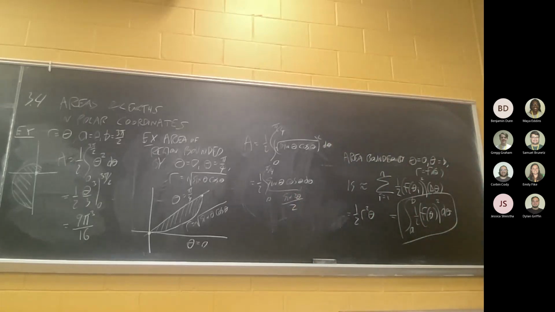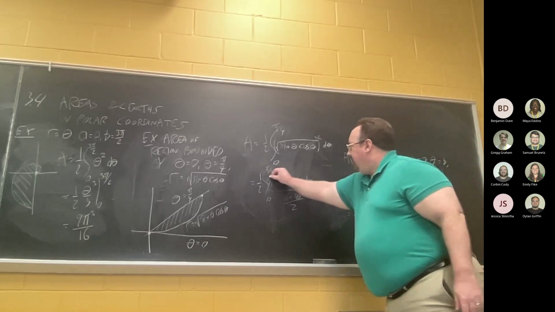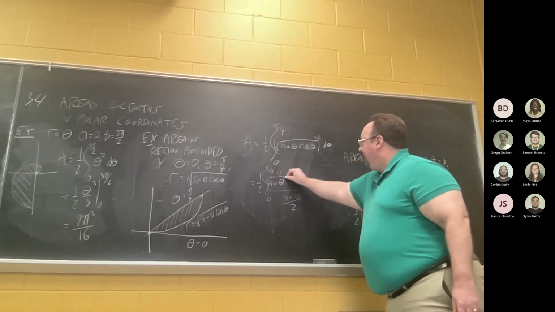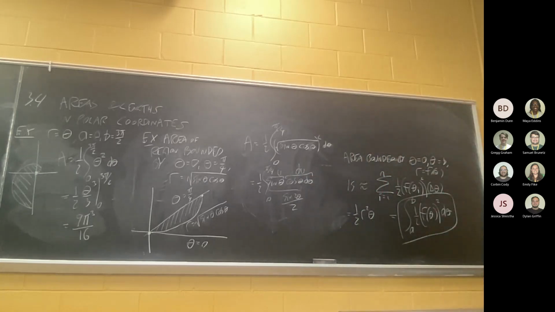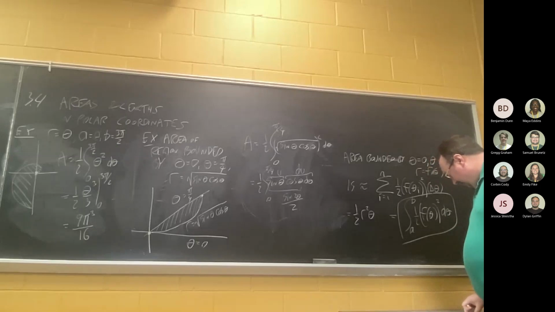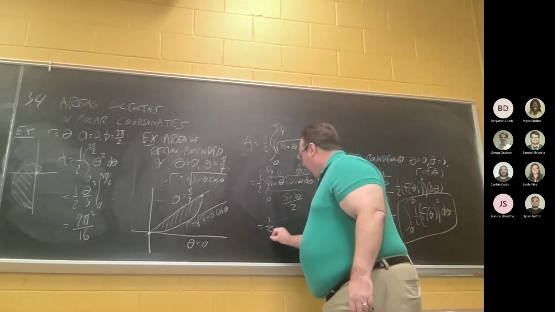You can integrate that, or you can do a u substitution. If you let u equal sine theta, then du is cosine theta d theta. Not that I care which approach to use, but it's good to be aware of as many integration strategies as possible. But for the record, the answer turns out to be 1/8.